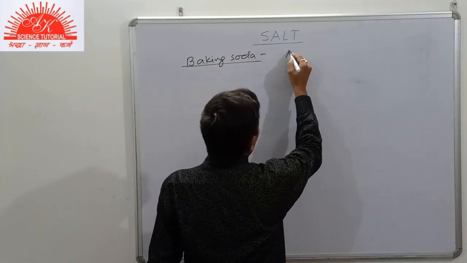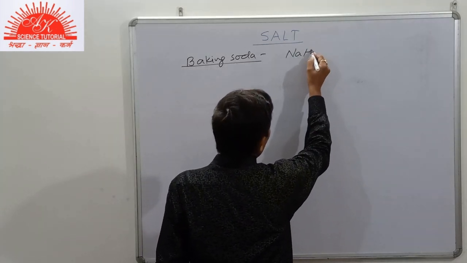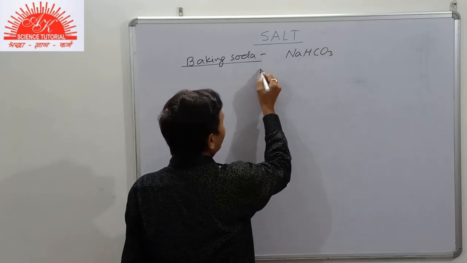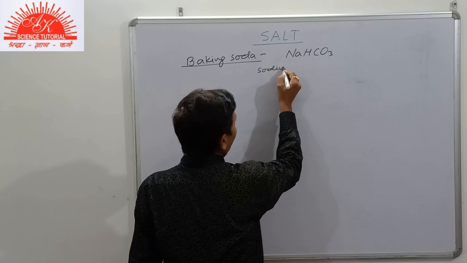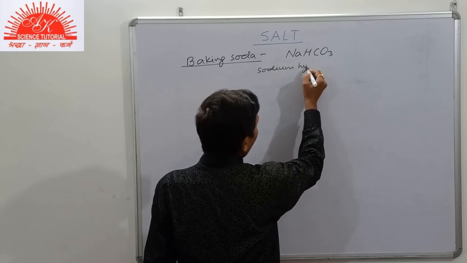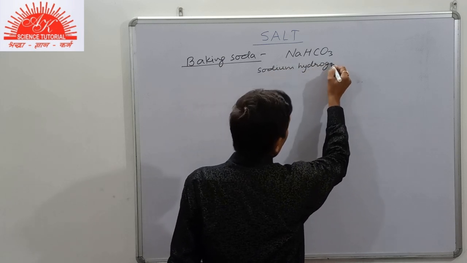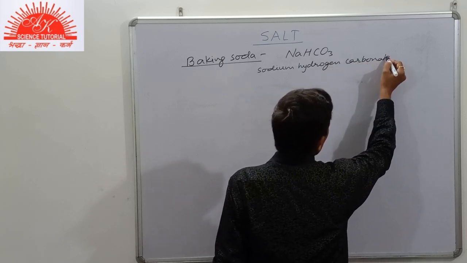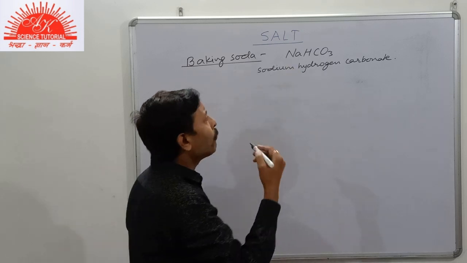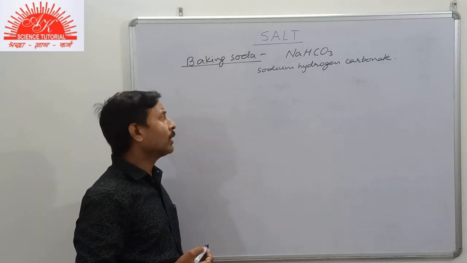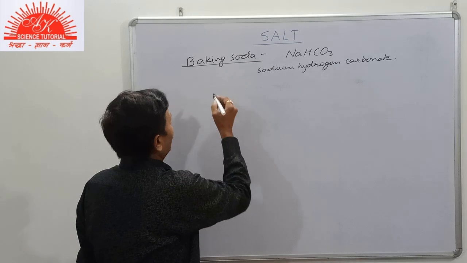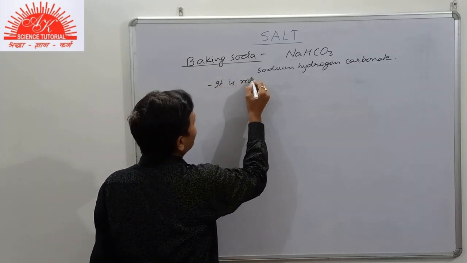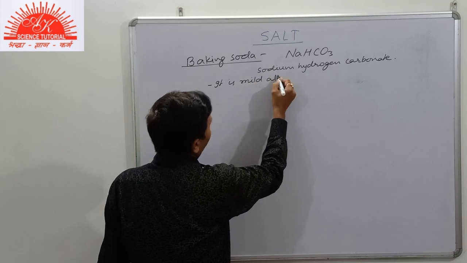Baking soda, the formula for it is NaHCO3, its chemical name is sodium hydrogen carbonate, or we can also say sodium bicarbonate. It is mild alkaline in nature.